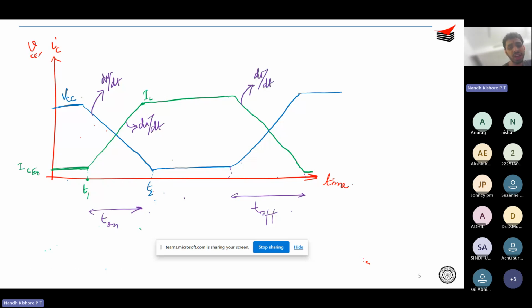So that's a positive dIdt, it's a negative dVdt. Again, it's going to be a negative dIdt and a positive dVdt. So during these intervals, that is during turn on and turn off, there is a non-zero value of dIdt and dVdt, and that's actually going to affect your switching transients.